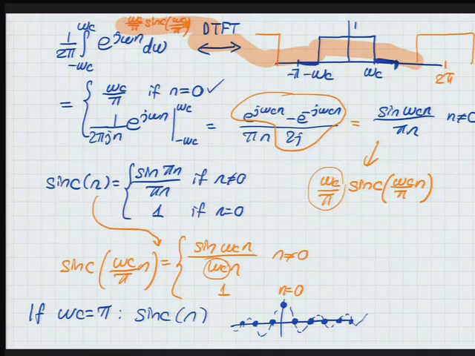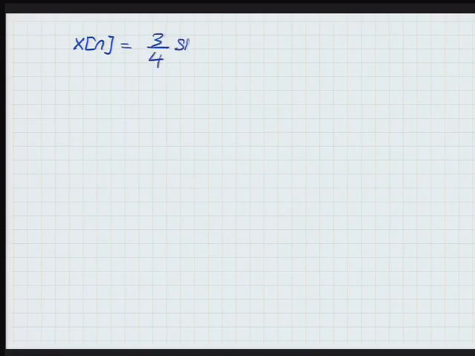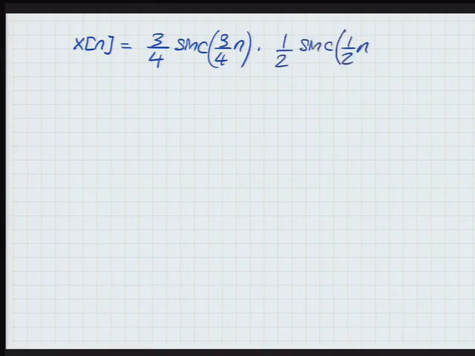And I will give you an example, and then we'll take a short break, of how we can apply the multiplication property. So the example says that x of n is the product of two things. 3 over 4 sinc 3 over 4 n, and the factors are given nicely so you don't have to worry about them, times 1 over 2 sinc 1 over 2 n.